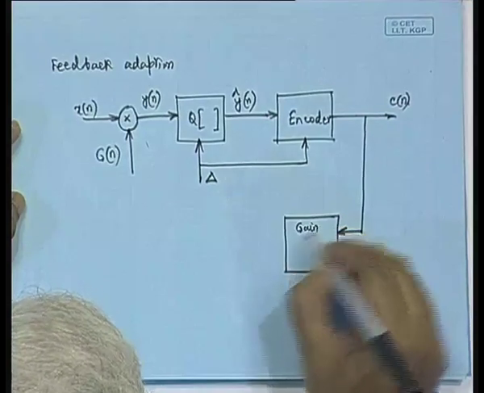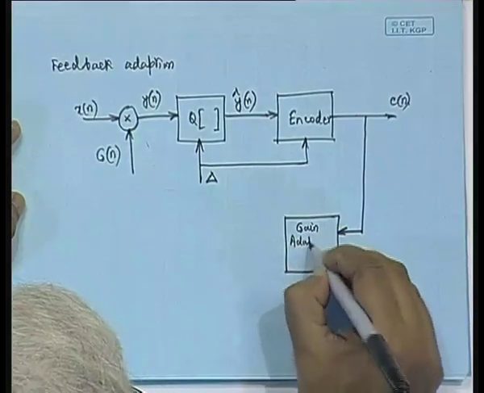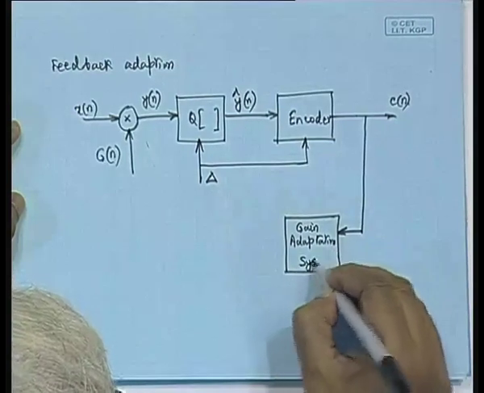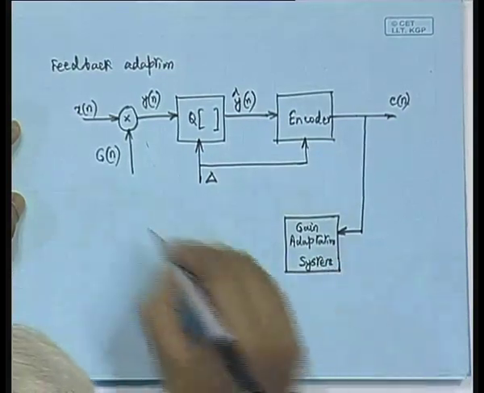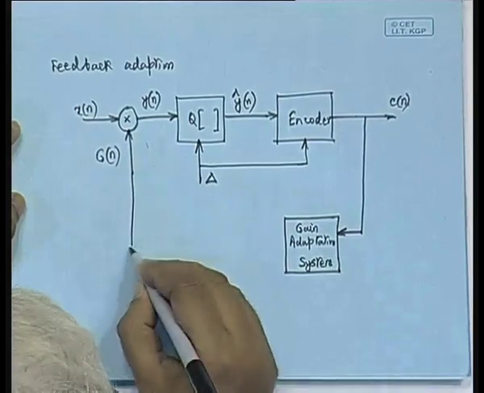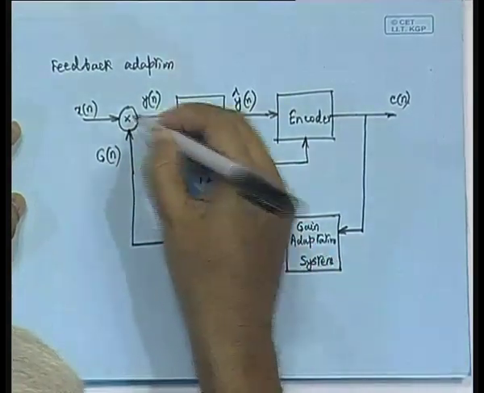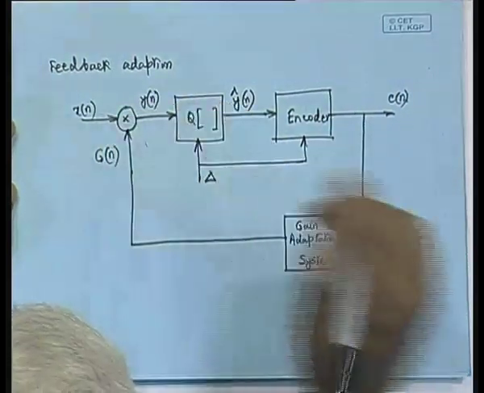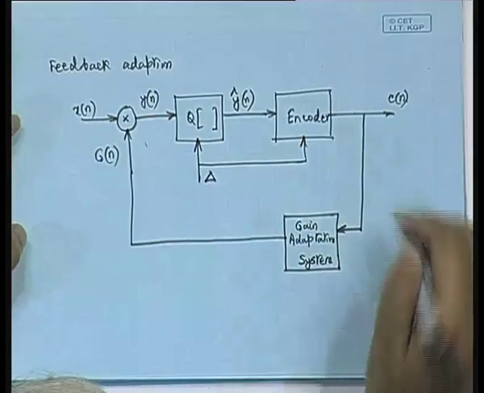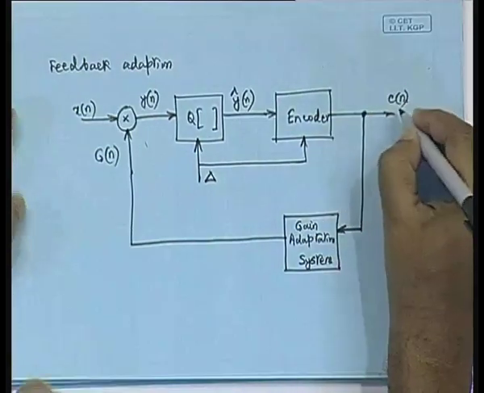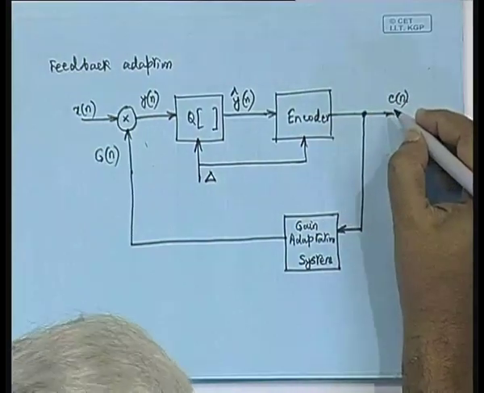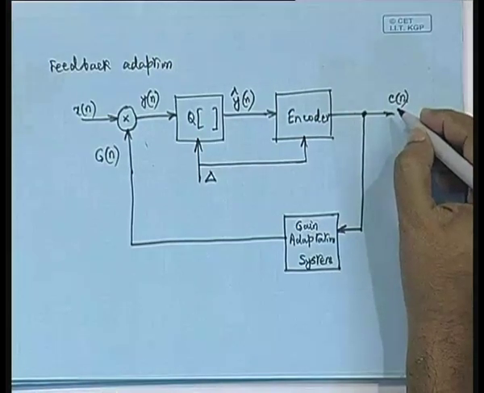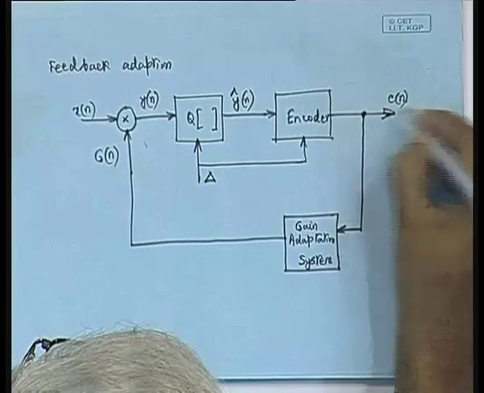This is the gain adaptation system, and its output would go to this multiplier block. So, x of n multiplied by g of n will give us y of n. This is the feedback adaptation. Now, definitely you see in the channel that earlier we were sending g of n. In this case, we need not send g of n, because c of n will be enough.